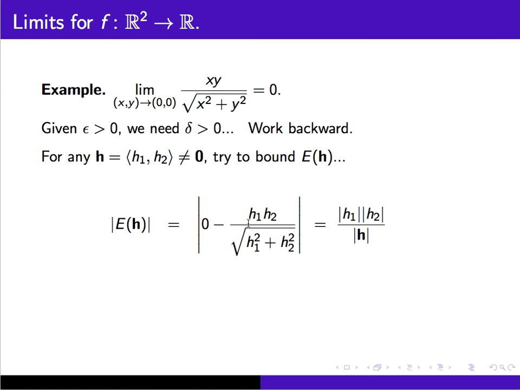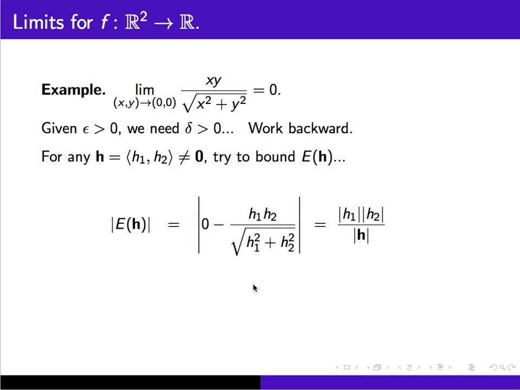We take the absolute value of this number. That's the absolute value of the numerator over the absolute value of the denominator. The denominator, though, is just the magnitude of the vector h. So what we get is that the error is just exactly given by the absolute value of the product of the components over the magnitude of h.